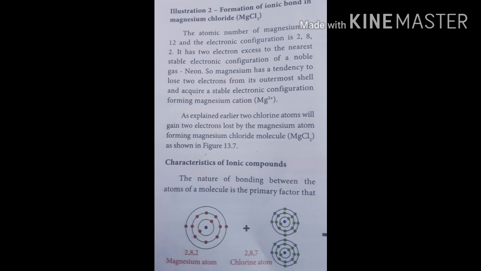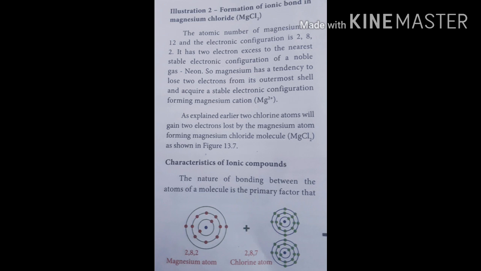Here 2 chlorine atoms are present. So 1 electron is needed for one atom of chlorine and another electron is needed for the second chlorine atom. So totally 2 electrons will be needed by the chlorine atoms to attain the nearest inert gas electronic configuration of argon, that is 2, 8, 8.